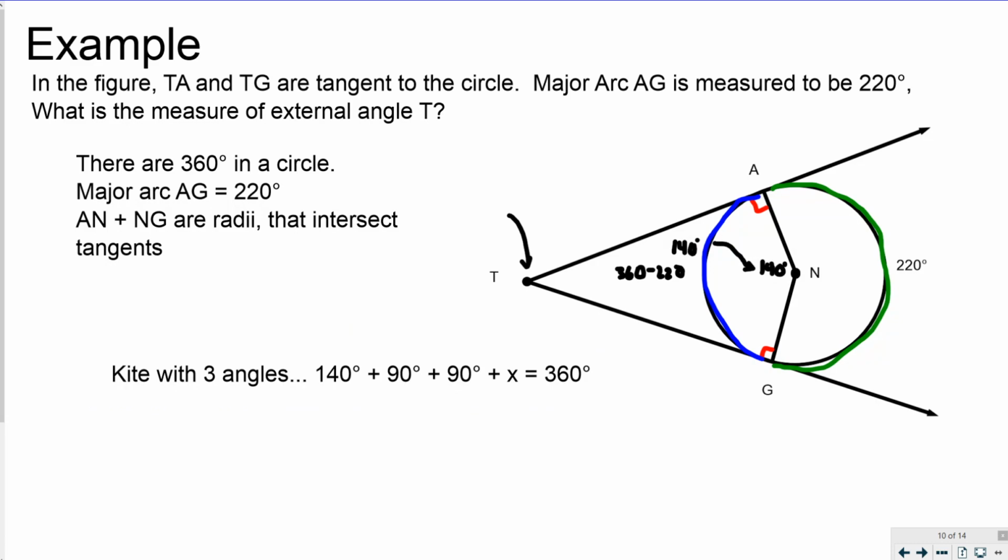So 140 plus 90 plus 90 is 320 degrees, plus x equals 360. If I subtract 320 from both sides, I get x equals 40 degrees. So the measure of external angle T is 40 degrees.